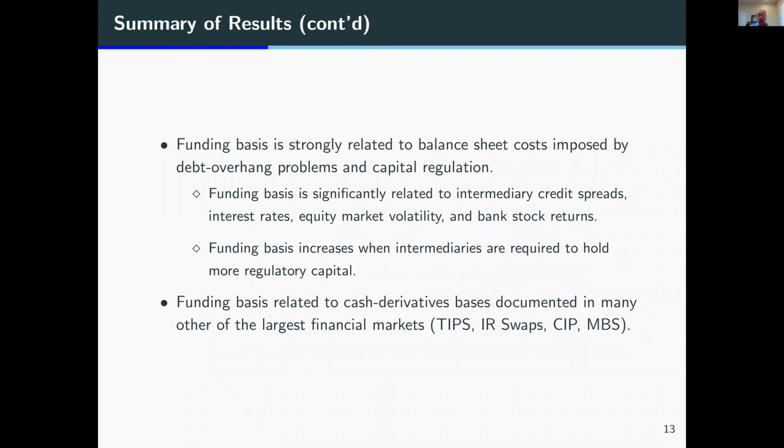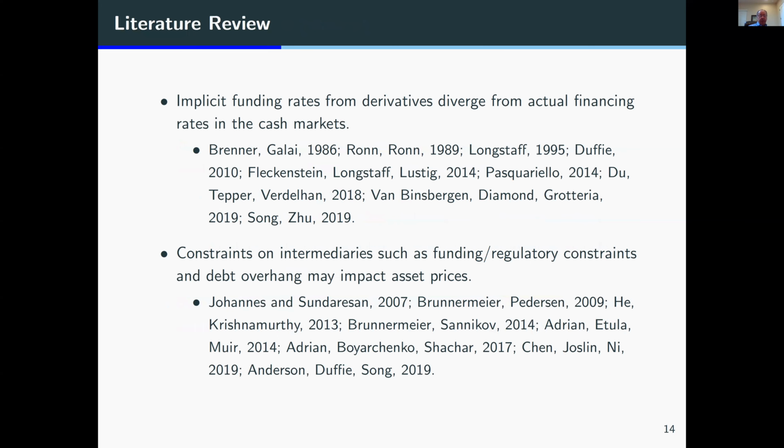It's going to be strongly related to things like debt overhang variables or the amount of capital that intermediaries are required to hold. So there's certainly going to be the evidence that this is at least linked to what the story suggests. And then we're going to show that this is a common factor in other situations where we're observing mispricing or deviations between cash and derivatives markets in terms of pricing.